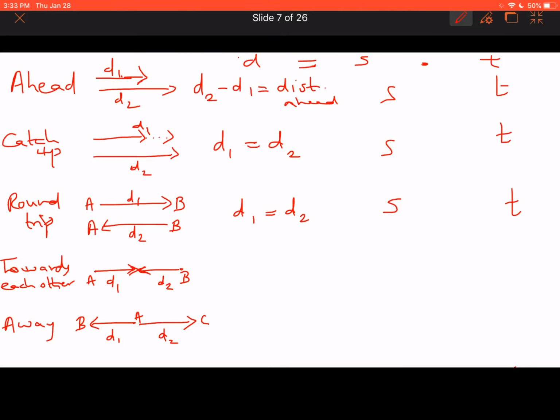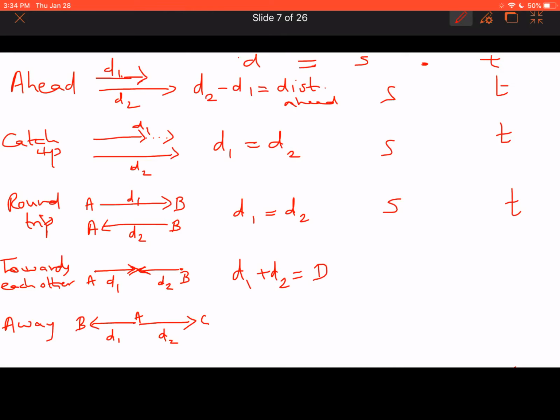The next two types are where the travel is in opposite directions. Either it may be from different points towards each other, or it starts from a single point and they are moving away from each other in the opposite directions. In both these cases, the distance covered by the first vehicle and the distance covered by the second vehicle is going to give you the total distance between the points.